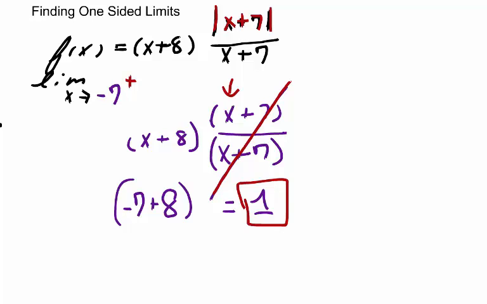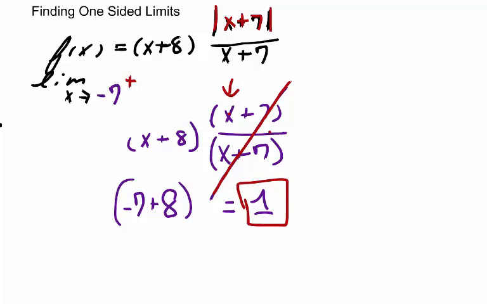Since -7 gives us a 0 denominator, this would be undefined. But if I hadn't noticed that, and I had simply allowed each of these to equal 0, and then multiplied 0 times x plus 8, I would not have found the correct limit. So 1 is our limit as our function approaches -7 from the right.